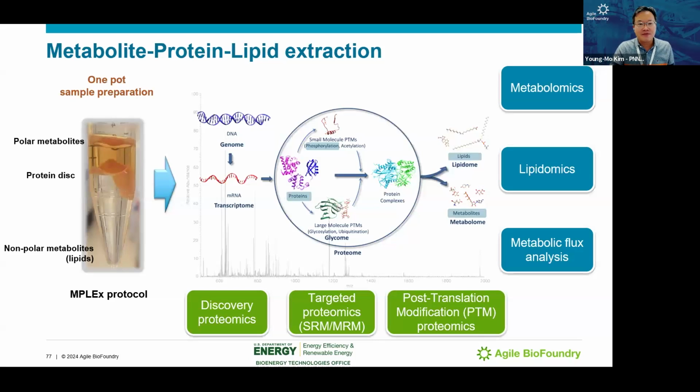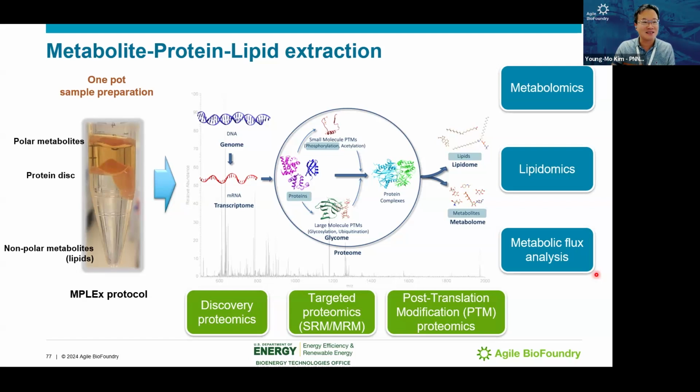So there are many different options for the extraction method, but we have improved our extraction method, which we call metabolite protein lipid extraction, abbreviated as MPLEx. During this extraction, we can separate polar metabolites in the top layer.